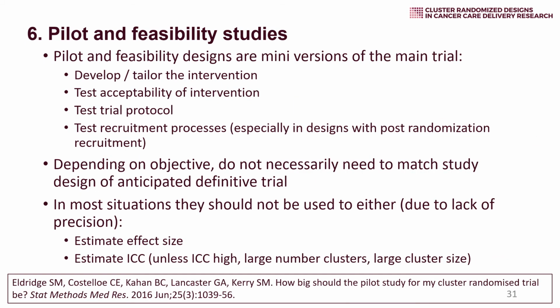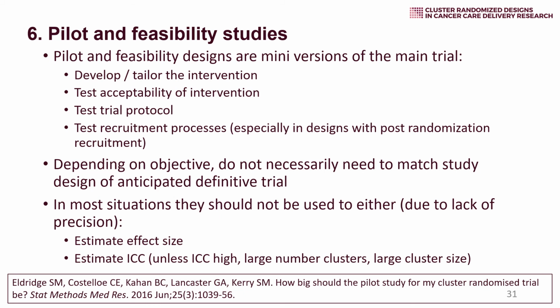Now, a couple of final things. Pilot and feasibility studies tend to be mini versions of the main trial. They can be used to develop or tailor the intervention, test its acceptability, and also to test the trial protocol. Depending on the objective, for example if the objective is to develop or tailor the intervention, the design that we use at the feasibility stage does not necessarily need to match the study design of the anticipated definitive trial.